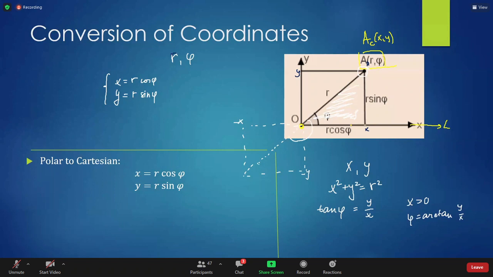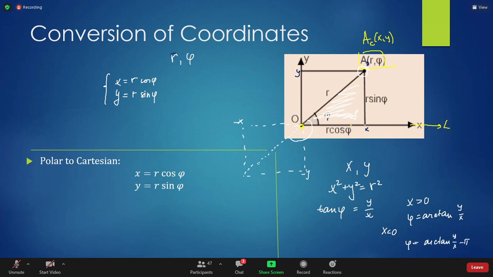On the other hand, if x is negative, then we see we have to go to the opposite side. And in that case, if x is negative, then we could say that phi is arctangent plus or minus pi. That would be half a revolution.